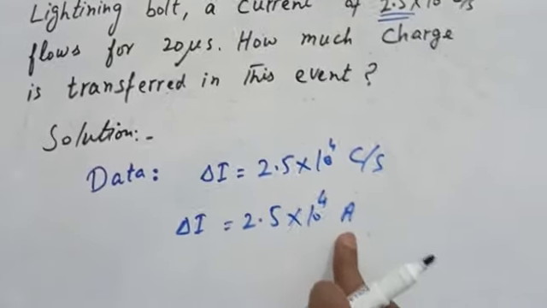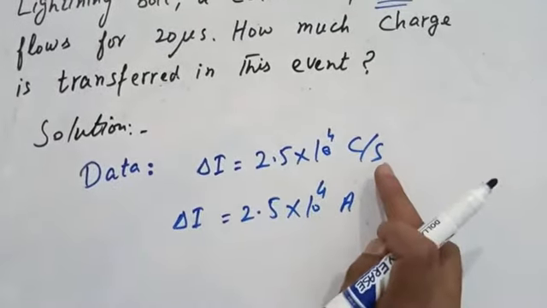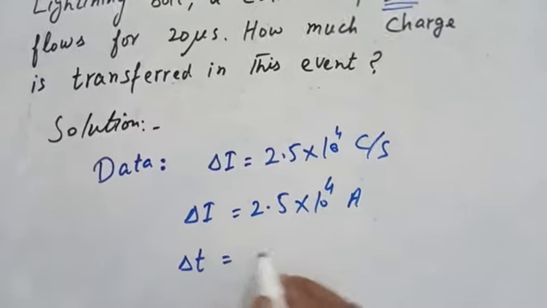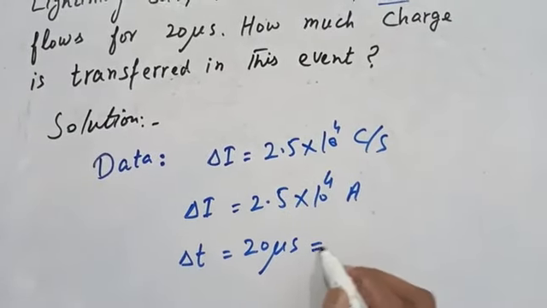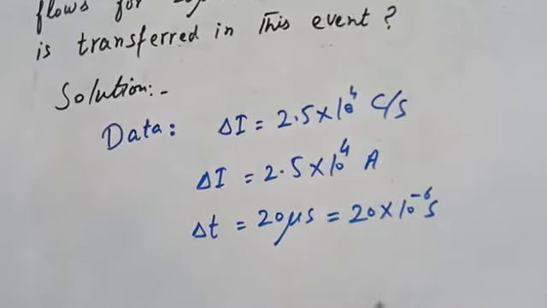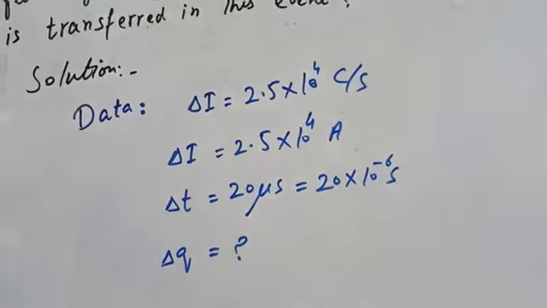The SI unit of current is amperes, that is defined as coulombs per second. Time is given as 20 microseconds, that is 20 × 10^-6 seconds, and we have to calculate the amount of charge.